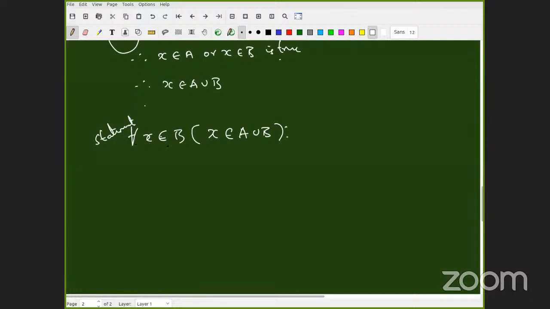If it is true, the truth value is 1. If it is false, it's going to be 0. I have not given any proof. That's my mission. So for that, I start now. Starting the proof is x belongs to B. Do you understand the difference? After that, there is no quantifier, nothing. I have started with x in B. Now I have to reason out why it belongs to A union B. That's all.